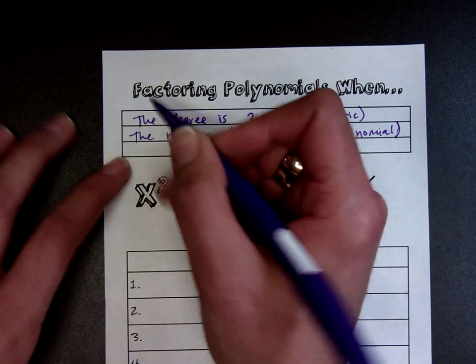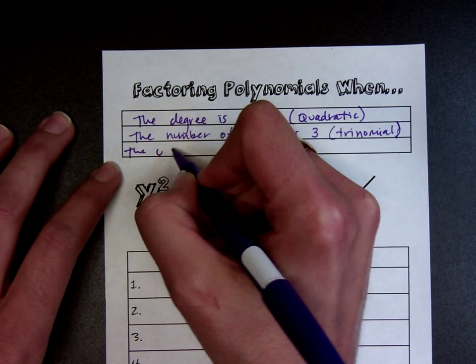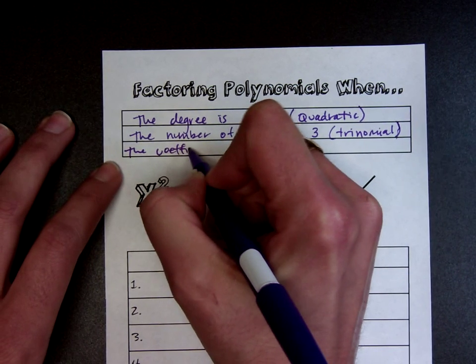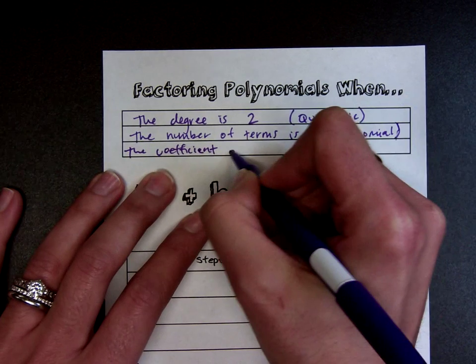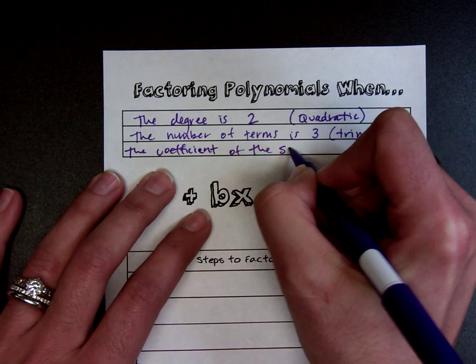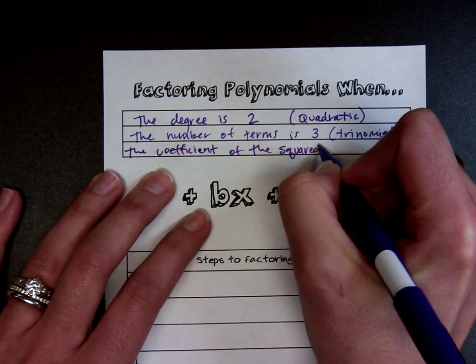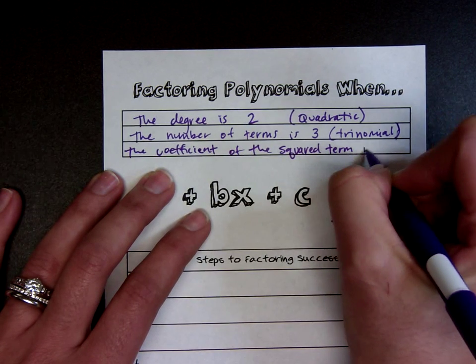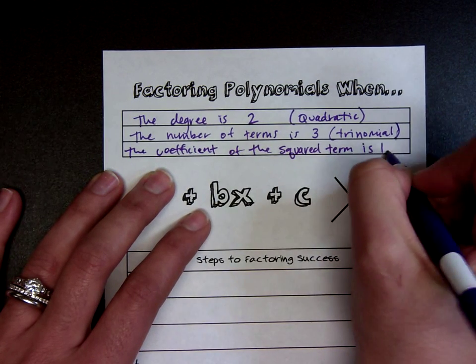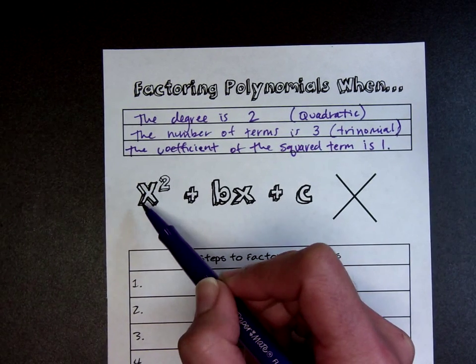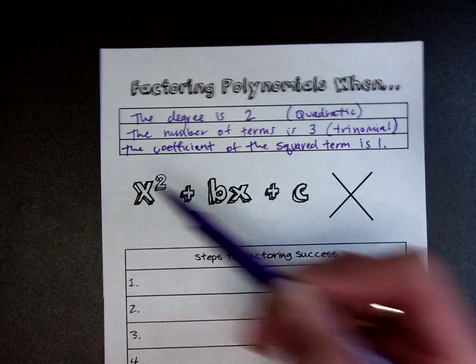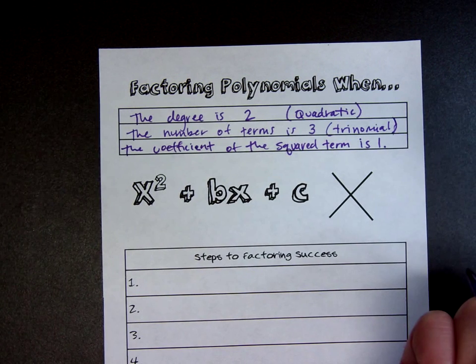Okay, and then lastly, when the coefficient is equal to 1. Okay, so when we say coefficient, we mean the one in front of the x squared. So when there's essentially nothing in front of the x squared, or like a 1 in front of the x squared.